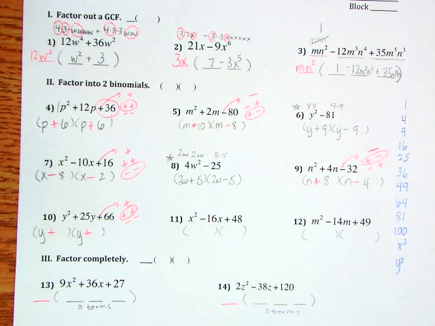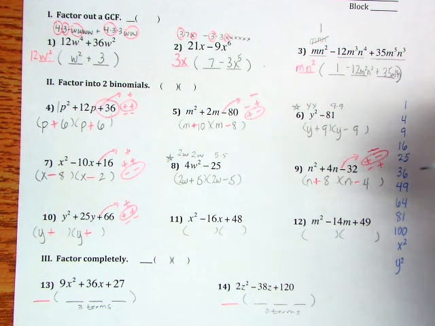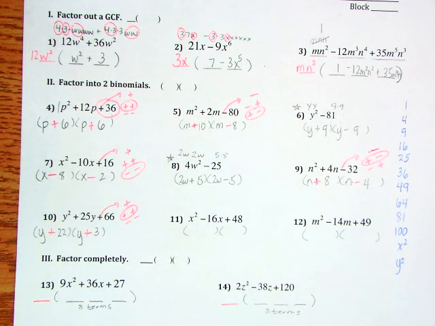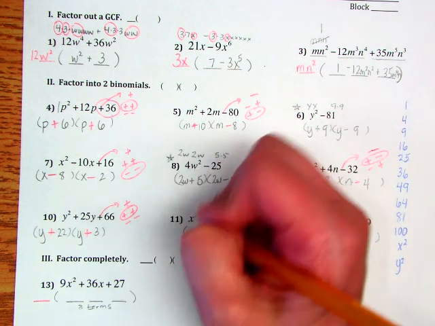Now I have to figure out what two numbers multiply to give me 66, but then give me 25 when I combine them. Those numbers are big. This will not be on a test like this, but the answer is going to be 22 and 3. X and x.